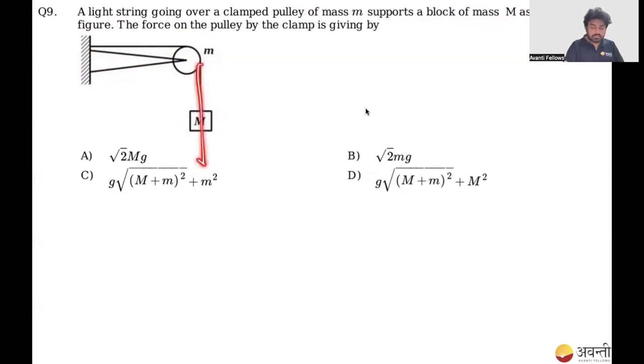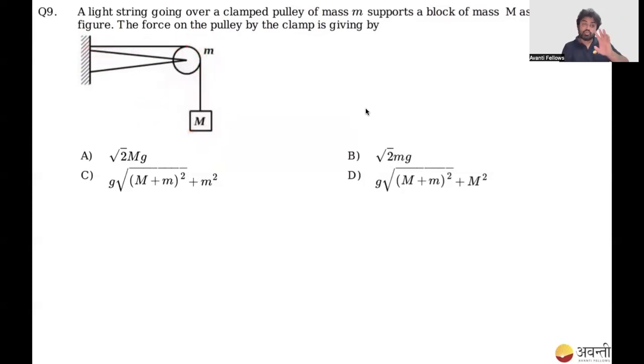This block wants to go down, and the string wants to pull left because of the tension force. The weight of the pulley is also there, so this weight will try to push it down. Overall, the force it will experience will be something like this. Someone is pulling, someone is pulling, someone is pulling, so the resultant will be somewhere in between.